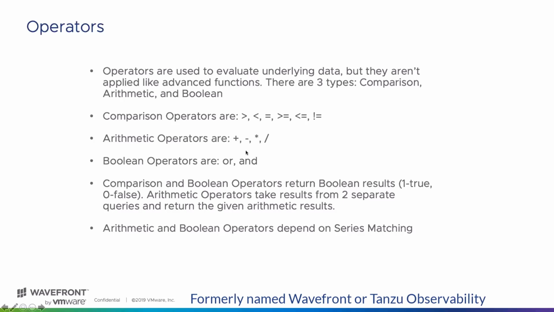If I have one query that has CPU data in it, and I add that to another query that has memory data in it, the system has to figure out which lines in the CPU data match up to which lines in the memory data, so that it adds up the right thing.